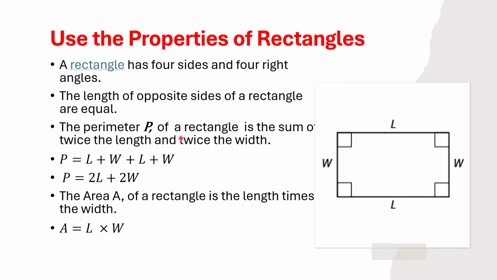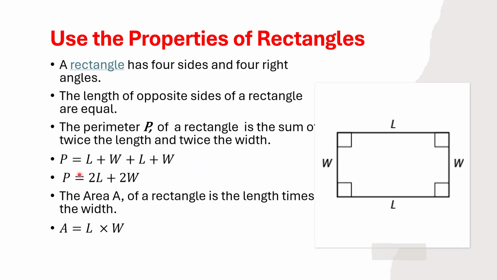Now, the perimeter P of a rectangle is the sum of twice the length and twice the width. So it means if you sum up this side plus this side plus this side and this side, you combine the W's and L's, so we have here 2L plus 2W.